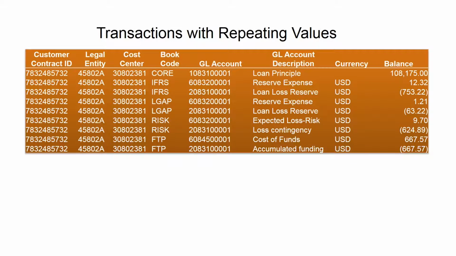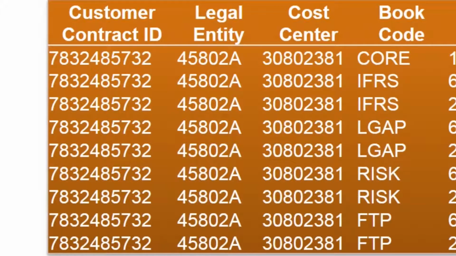Then we have to have another attribute of some kind that describes our key, our join processing. In many instances, most of the attributes we've been talking about in the chart of account, things like legal entity and cost center, or branch maybe, typically don't change on each balance that is maintained for a particular customer.